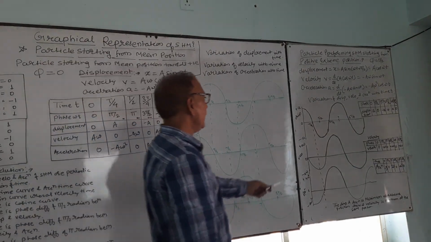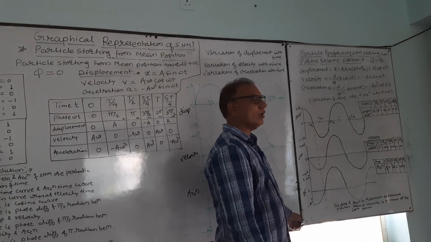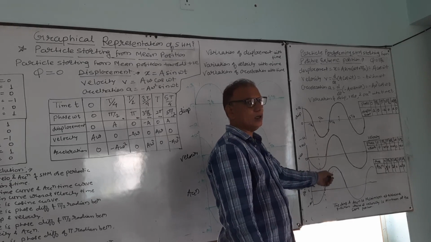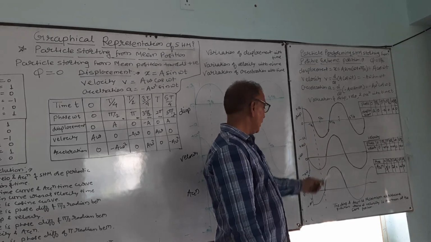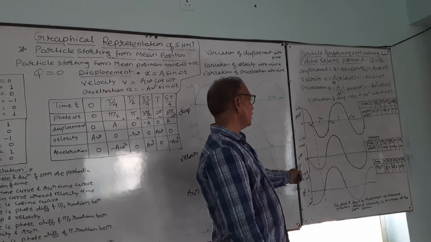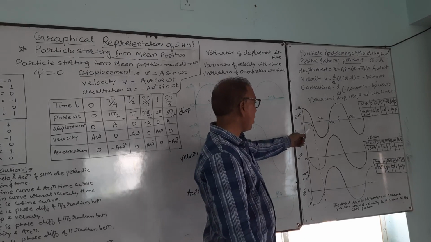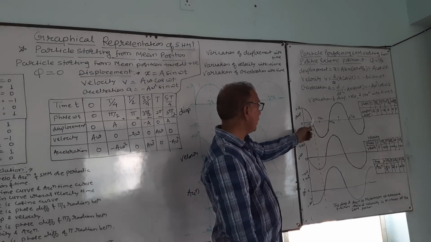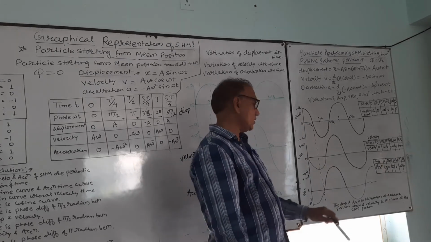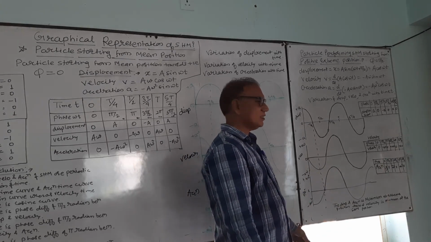Therefore, displacement time curve and acceleration time curve are cosine curves, whereas velocity time curve is a sine curve. There is a phase difference of pi by 2 radian between displacement and velocity, and again a phase difference of pi by 2 radian between velocity and acceleration.